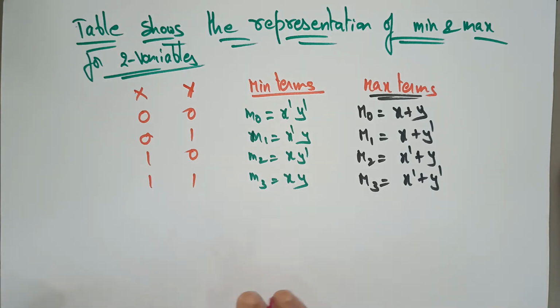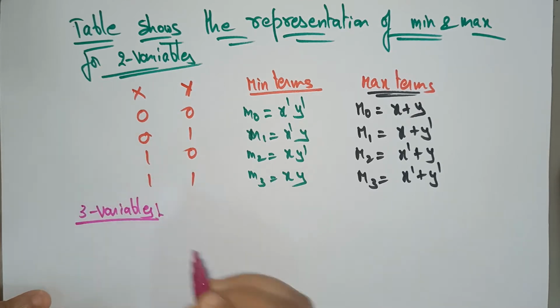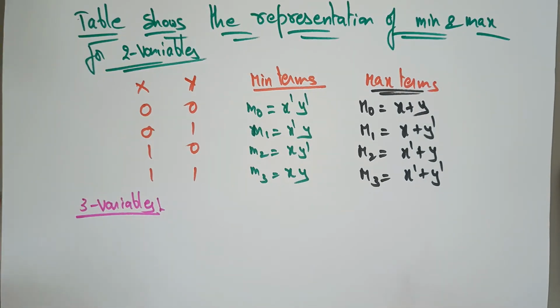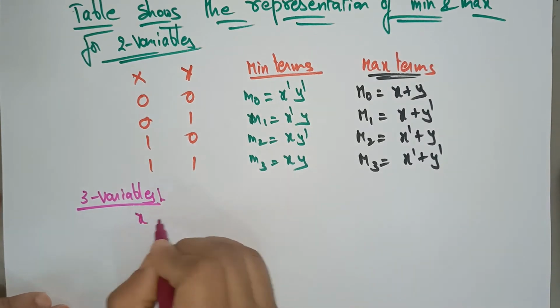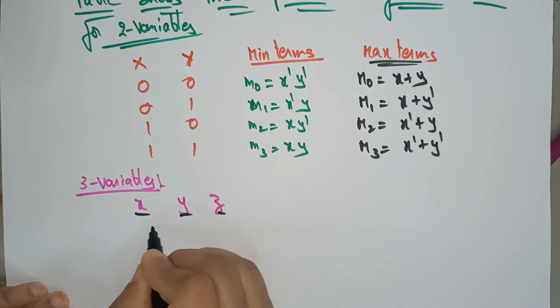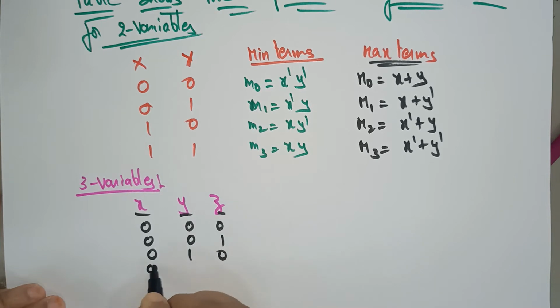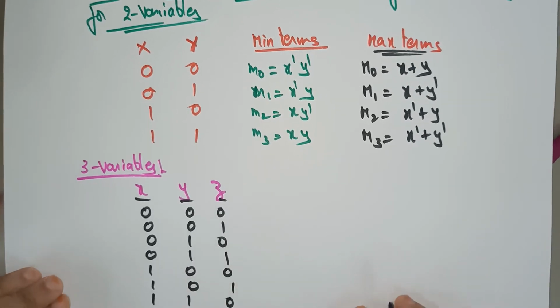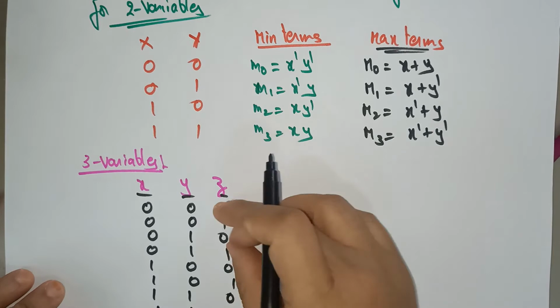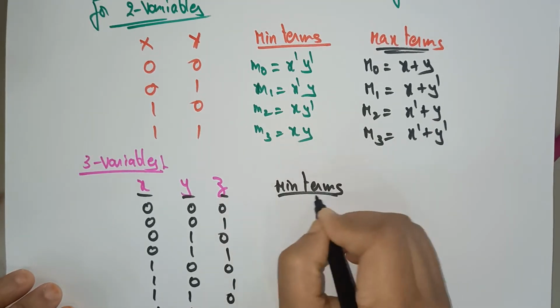So let me take three variables. If you want to represent the min terms and the max terms for three variables x, y, z, let me take the values 000, 001, 010, 011, 100, 101, 110, 111. So in total 0 to 7. Now let's write the min terms.